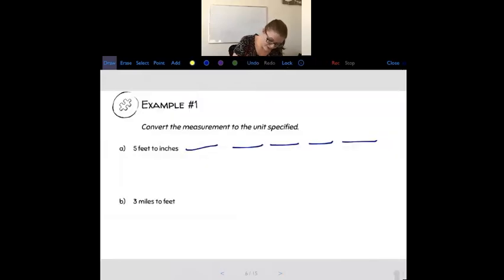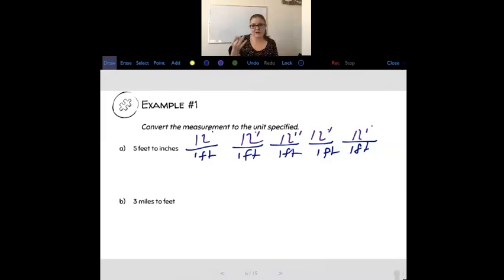So each of these is 1 foot, and we have 12 inches per foot. If we add the top, 12 plus 12 plus 12 plus 12 plus 12, we'd get 60 inches. And if we were to add the bottom, we'd have 5 feet. This answers the question that there are 60 inches in 5 feet.